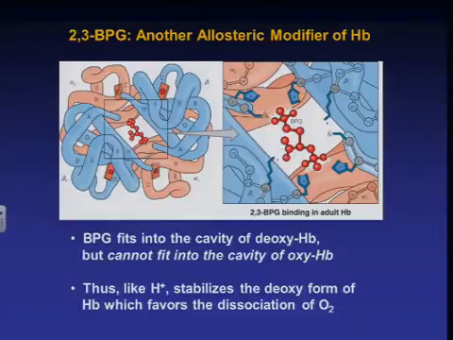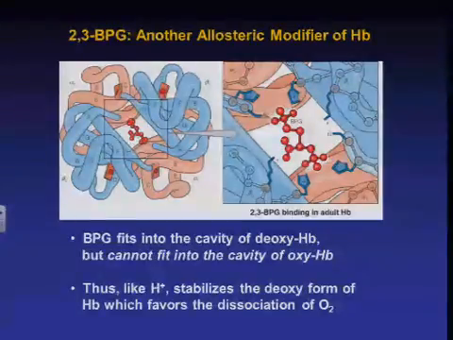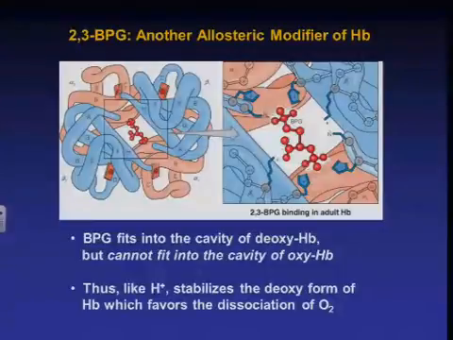This structure, where the solvent cavity is large enough to take BPG in, is that the oxy form or the deoxy form? It's the deoxy form. So in the deoxy form, BPG can get in there, have stabilizing interaction. So if BPG stabilizes the deoxy form, what does that do to the oxygen affinity? It decreases. So it's going to cause oxygen to be released more readily.